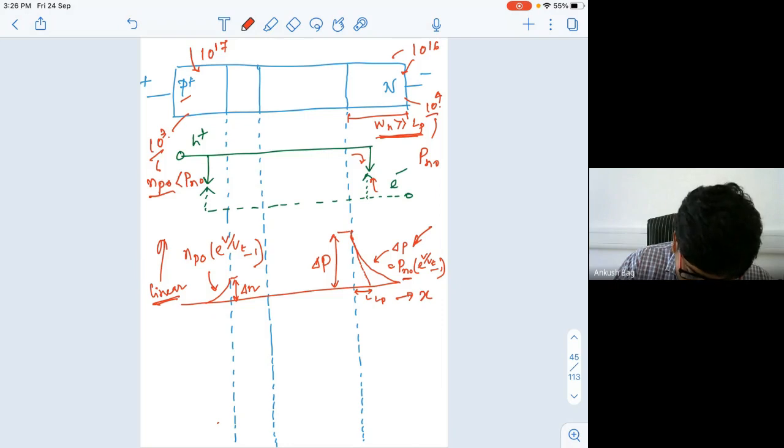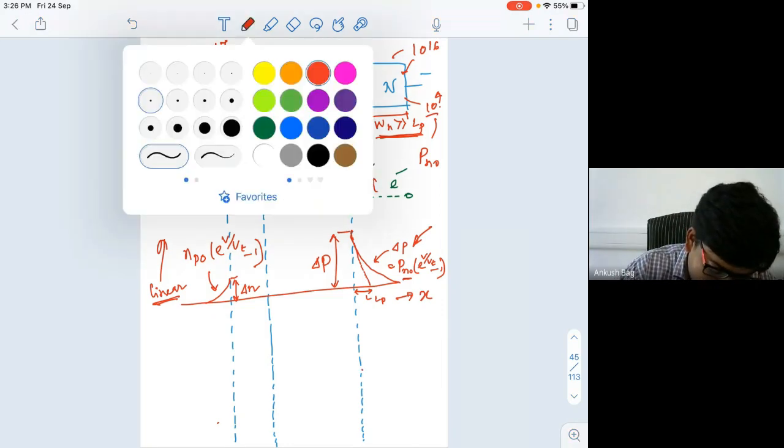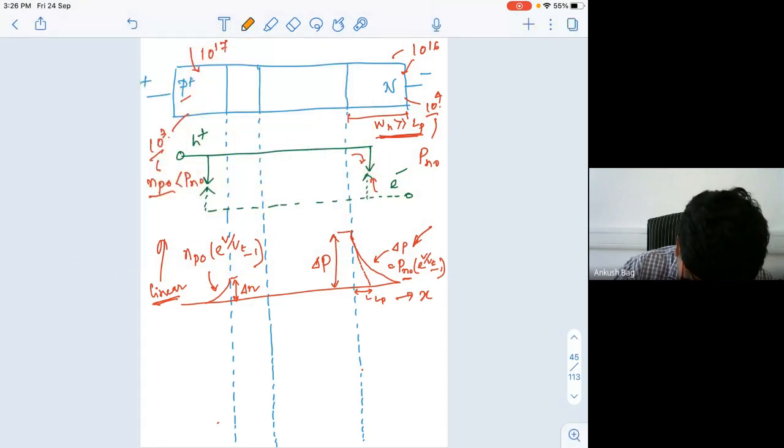Once again, I can take a different color maybe. So this is another exponential equation, because we are just simply taking the derivative of this carrier concentration, and similarly here also we'll have this.